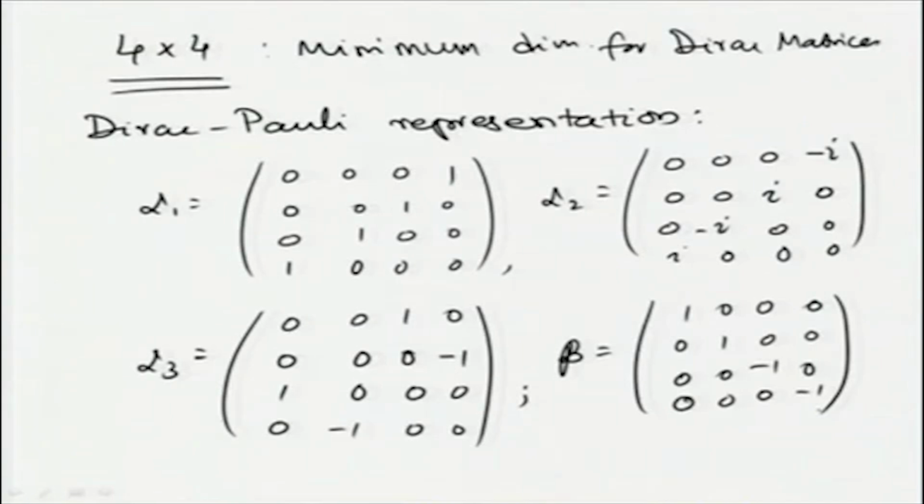This particular representation, I would like you to check that they satisfy all the anti-commutation relations and also that their square is equal to the unit matrix. In a compact way, you can write alpha as 0 sigma, sigma 0.